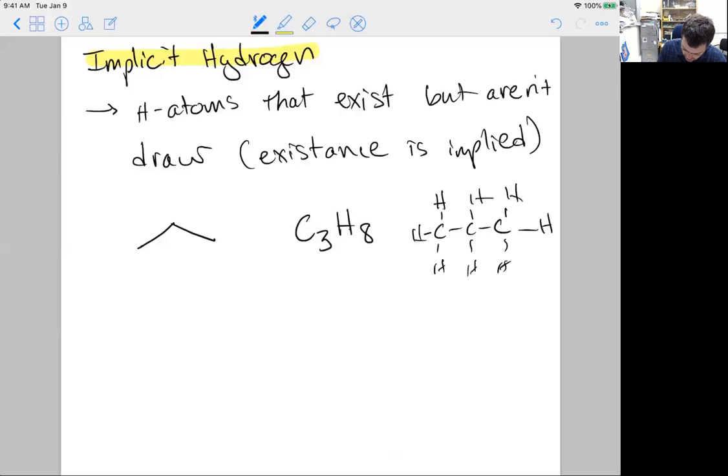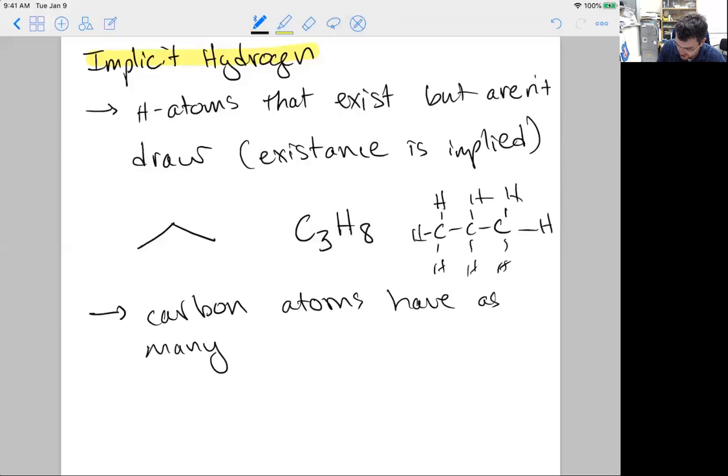So carbons have as many H atoms as they need. If they don't have that number of H atoms, like if this central carbon didn't have 2 hydrogen atoms, it wouldn't have an octet, and that's not good.